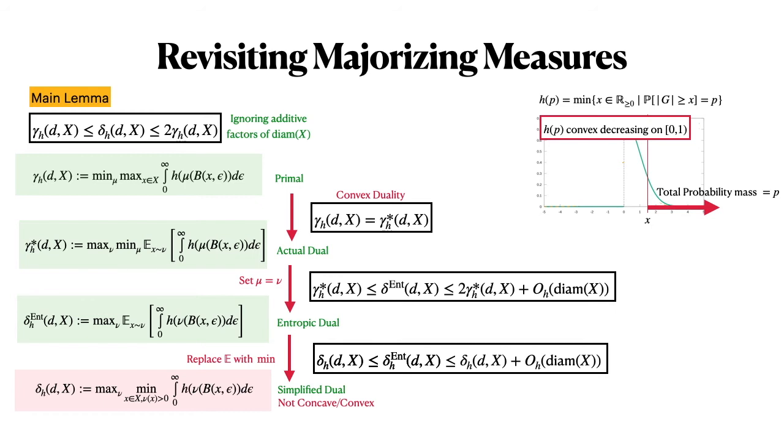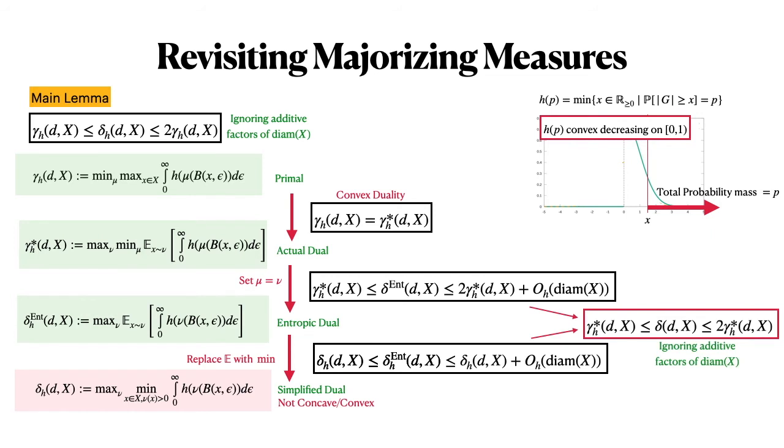So altogether, this sequence of simplifications, the last two sort of implies that the value of the real dual and the value of the simplified dual at the bottom can be at most a factor 2 apart. And by convex duality, the value of the primal is the same as the value of the dual, so we get our key lemma.